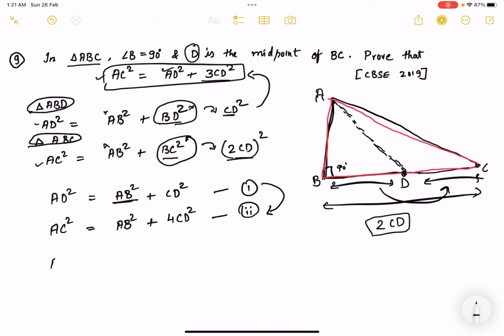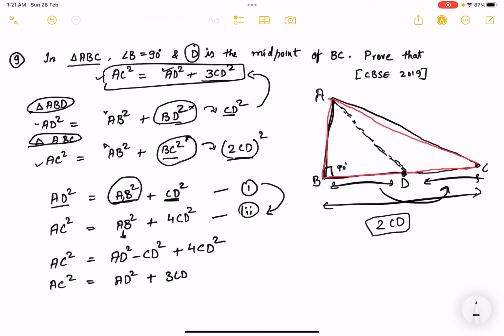AB square is equal to AD square minus CD square. So AC square is equal to AD square minus CD square plus 4CD square, or AC square is equal to AD square plus 3CD square. Hence proved.